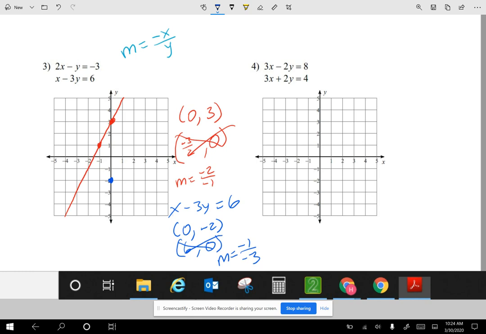Now my slope says go down 1 and 3 to the left. And I see that the point of intersection is the point negative 3. That's my x value. And then negative 3. That's my y value.